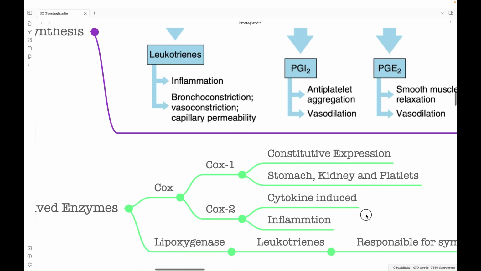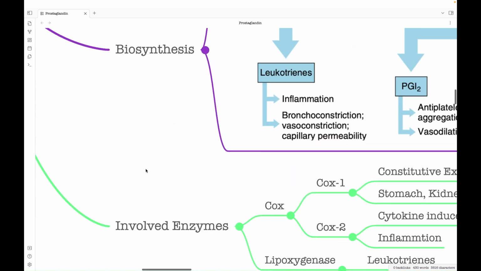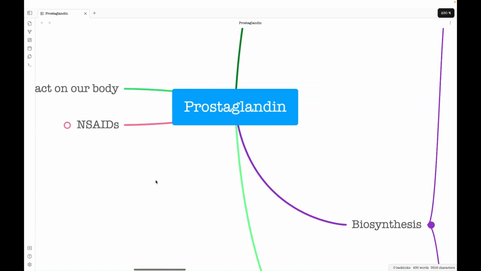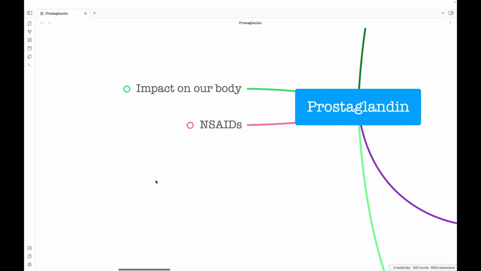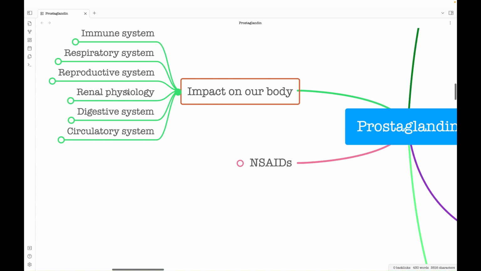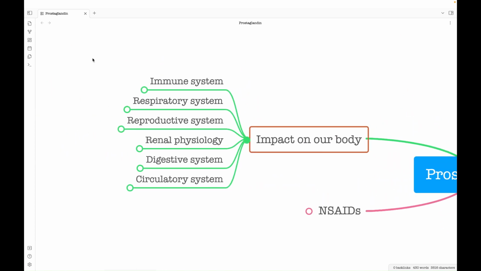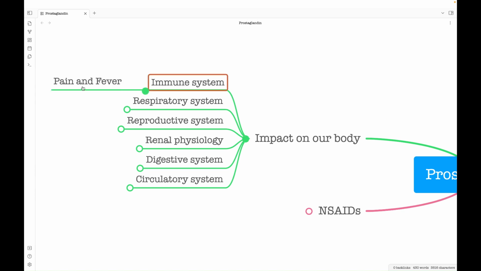Okay, so now the next part that we'll discuss is how prostaglandin impacts our body. We can see that all the major systems are affected by prostaglandins. First is the immune system. In the immune system, mainly pain and fever are associated with prostaglandin.